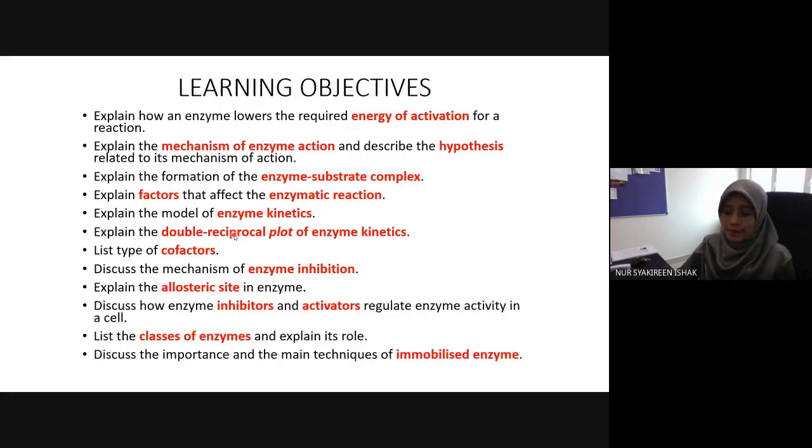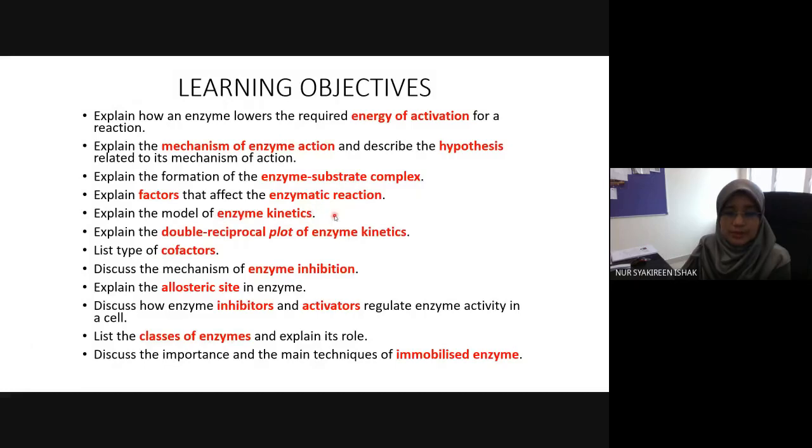Different concentrations of enzyme and substrate also affect the rate of enzyme reactions. And obviously, if you add an inhibitor into the reaction, the inhibitor will slow down the rate of reaction, or it can even stop the enzymatic reaction totally.